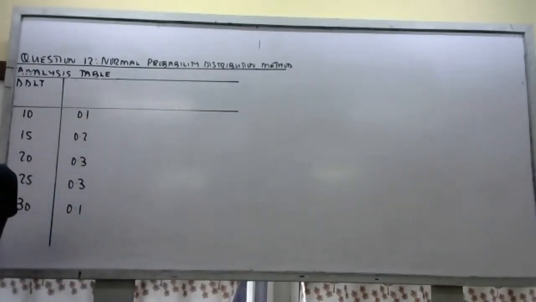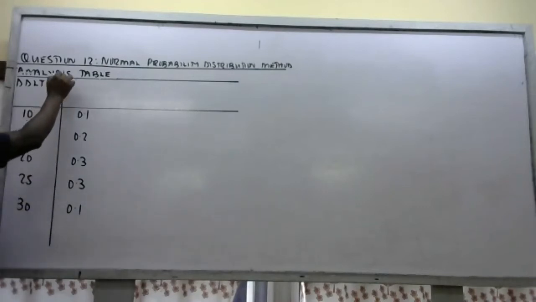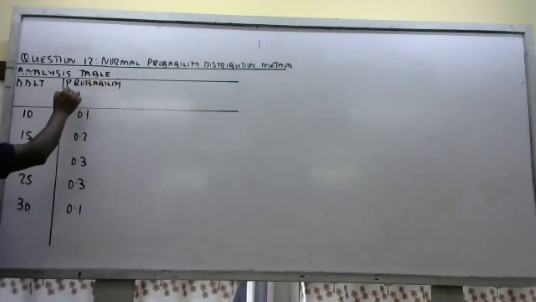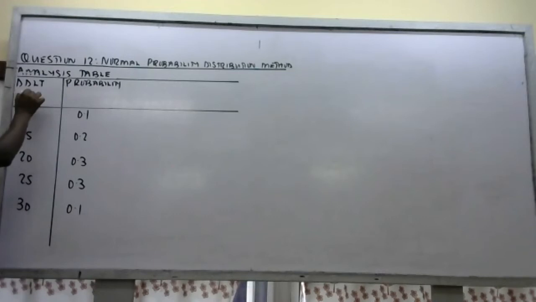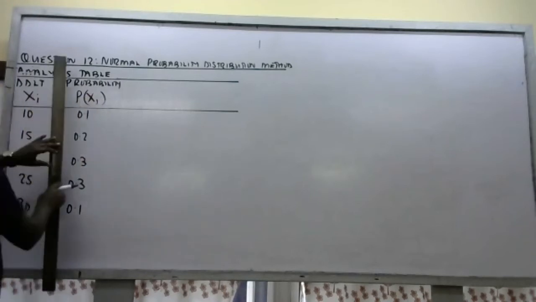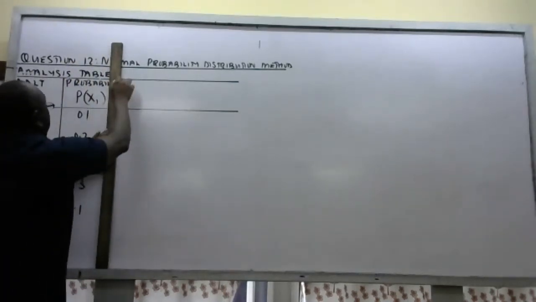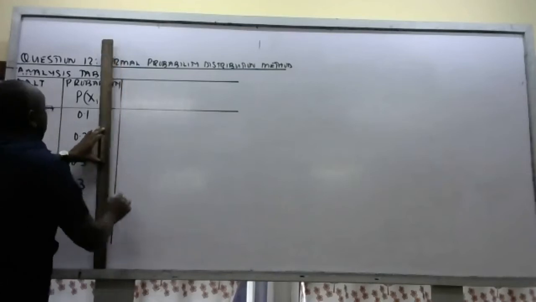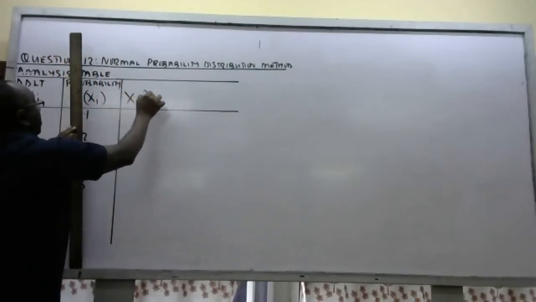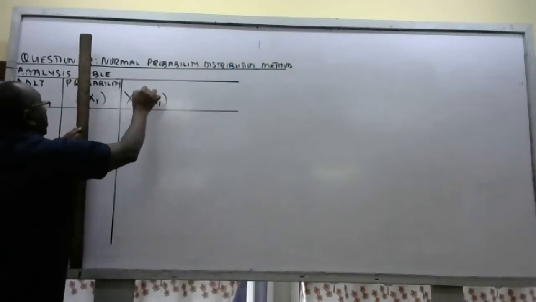So this one will require you to have probability. Now this DTLT is our XI. Now this will be the probability of XI. We will require XI multiplied by probability of XI.